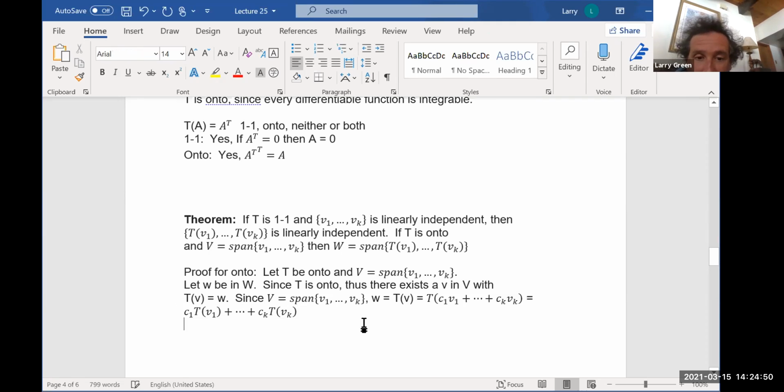So we're done. That means every W can be written as a linear combination of the T of VKs. Any questions on that?